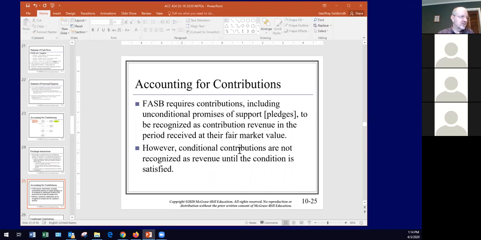In other words, with a conditional contribution, the donor is saying, I will give to you if this happens. But it hasn't happened yet. So FASB is saying that's too early to count as revenue. And since you didn't get the contribution yet, it's not deferred revenue because you don't necessarily have an obligation to do what they want.